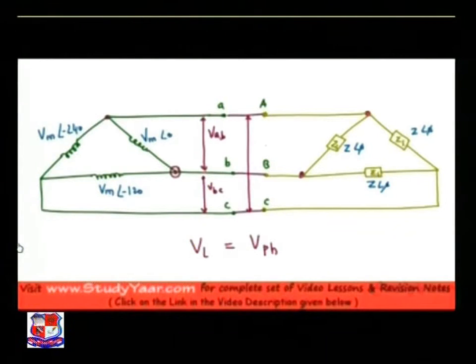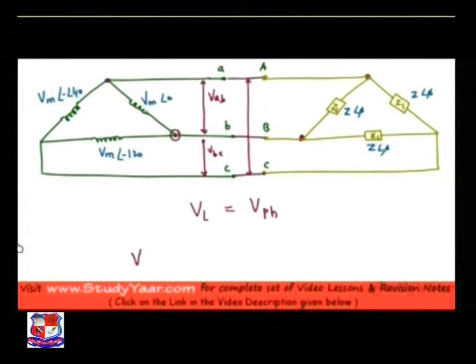Basically I can write that my VAB is equal to Vm angle 0, my VBC is equal to Vm angle minus 120, between this point and this point.